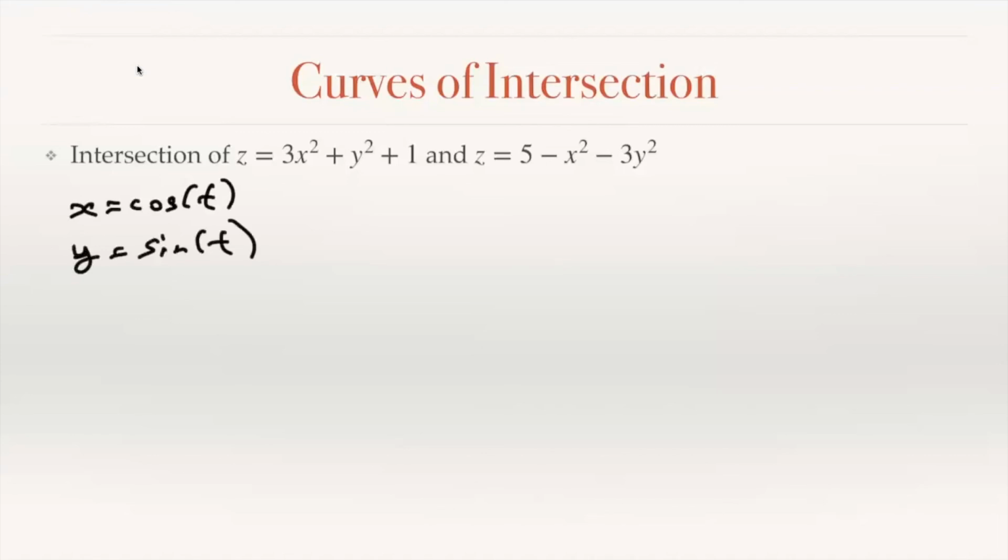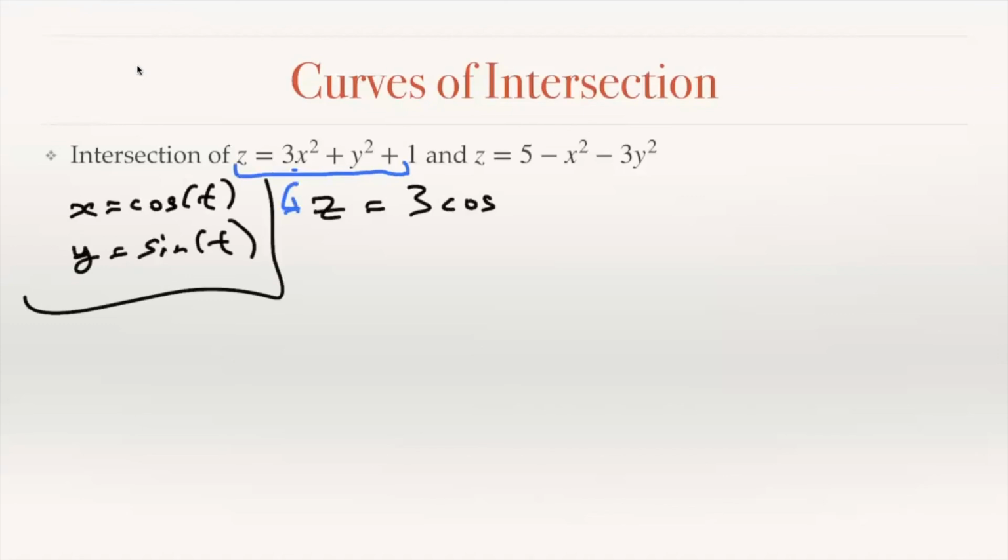Okay, so that means that now z is, from this first equation, 3 times x squared plus y squared, which is sine of t, plus 1.